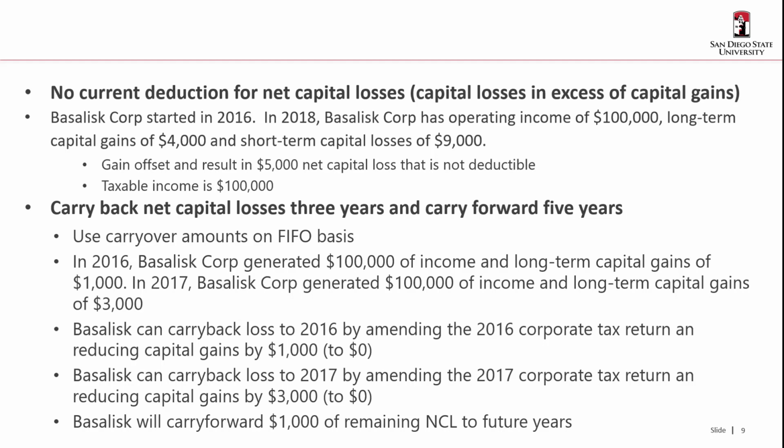Let me offset those $3,000 by amending that 2017 return and getting a refund. Unfortunately, then it is out of carryback capital gains. So as a result, the $5,000 of loss that it generated in 2018 minus the $1,000 it used in 2016 minus the $3,000 it used in 2017 leaves a remaining carryforward amount of $1,000 that it's going to have to use in future years.